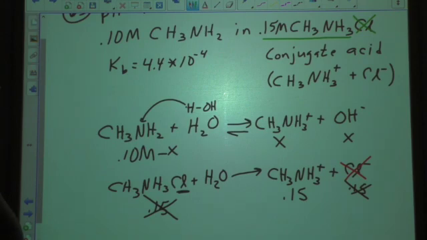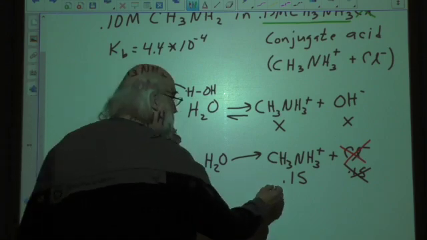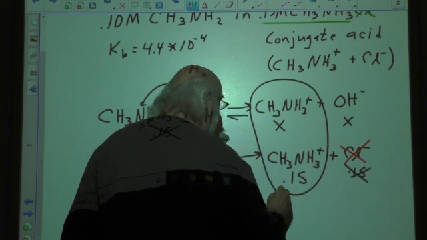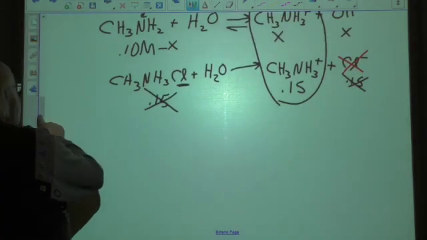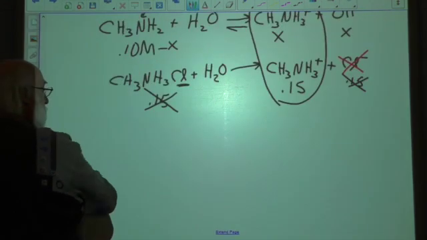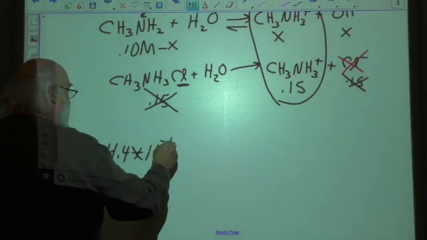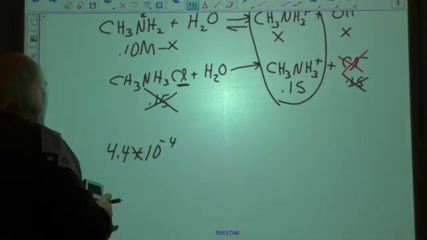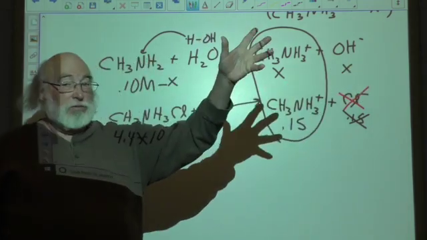Okay? Now, we go ahead and notice that we have this common ion right here. So this is going to be, what did I say the Kb for this was? 4.4? And the fact that it's a Kb, that tells you you better get OH negative as one of your products, not H positive.